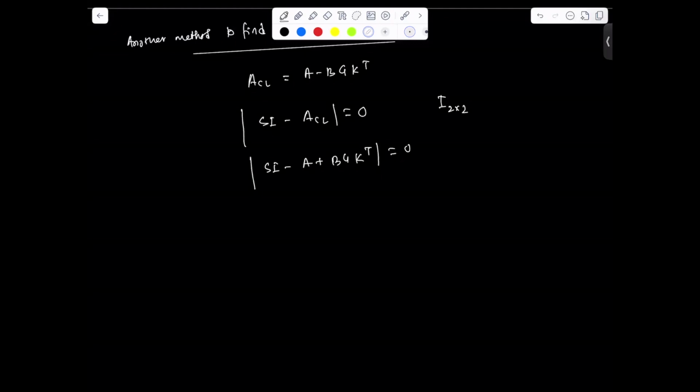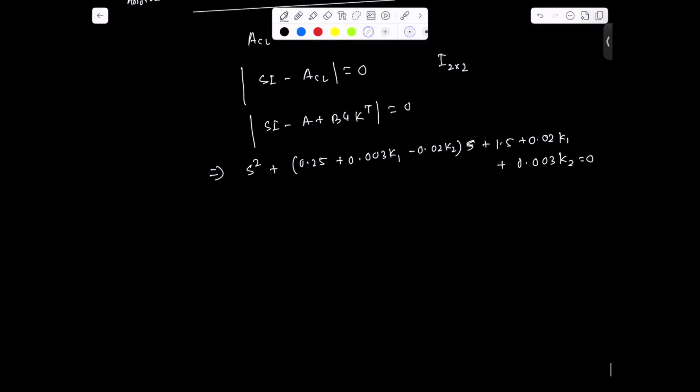And if you solve this equation, with G already found, we have s squared plus 0.25 plus 0.003 K1 minus 0.02 K2 into s plus 1.5 plus 0.02 K1 plus 0.003 K2 equal to 0.